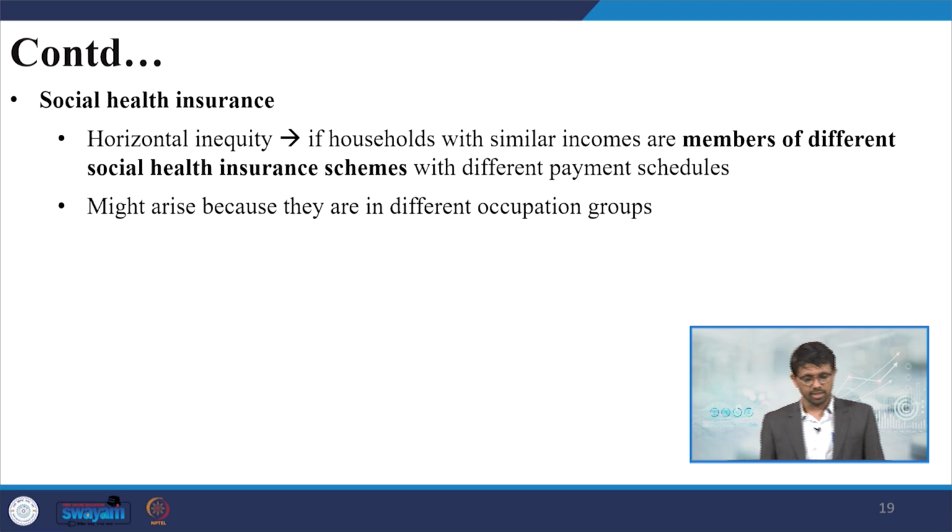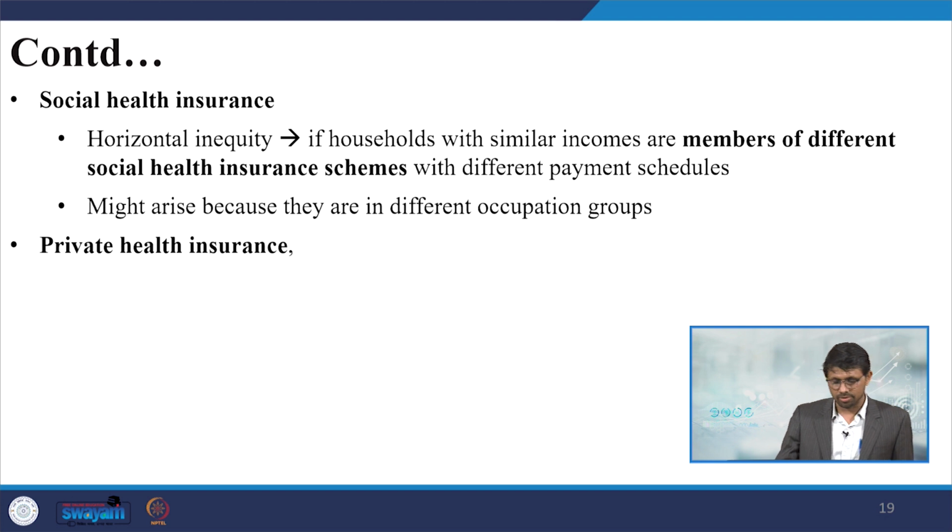Hence, the social health insurance structure is also very important. In the case of horizontal inequity, if households with similar income are members of different social health insurance schemes with different payment schedules, then horizontal inequity results. This might arise because they are in different occupation groups as well.